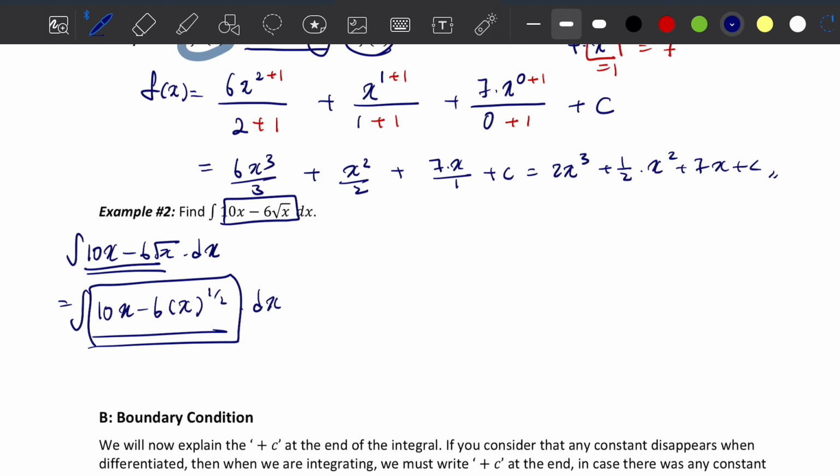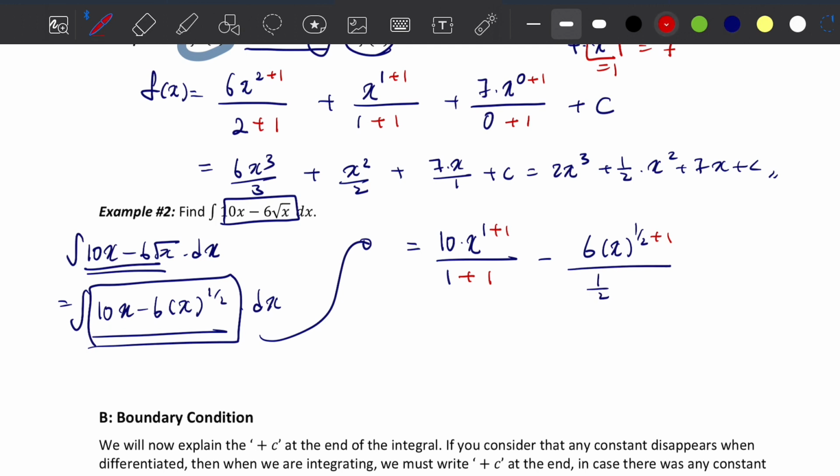So when we integrate this, it equals 10 times x to the power of 1 plus 1, divide the whole thing by this new power, minus 6 x to the power of 1 over 2 plus 1, divide the whole thing by the new power. And we have to identify that constant that might have disappeared from the original equation, right?